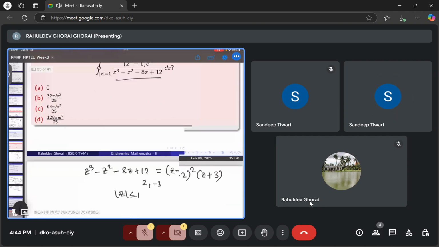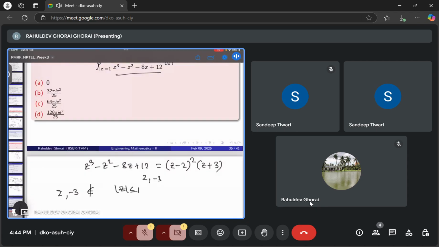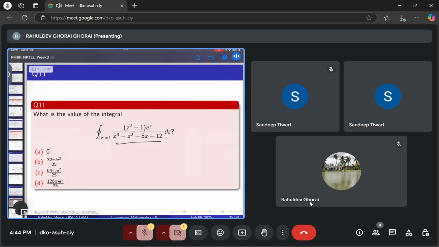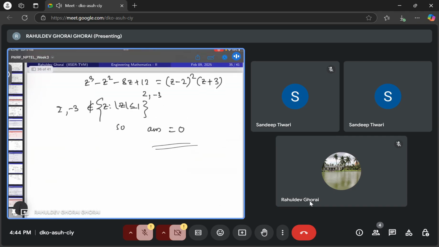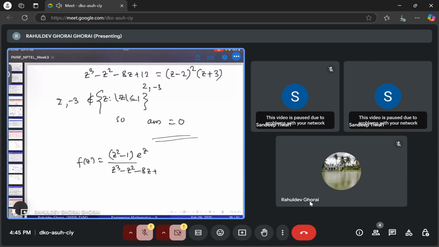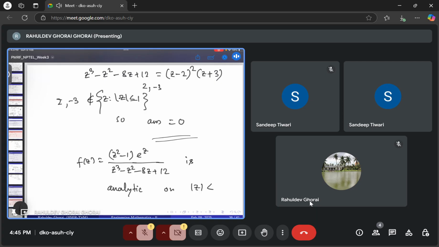No, modulus z less than 1. 2 and minus 3 are not in the region, right? So the answer is 0. The function f(z) equal to z over z cube minus z square minus 8z plus 12 is analytic on modulus z less than or equal to 1, and so the integral of z over this over modulus z equal to 1 dz equal to 0, right?